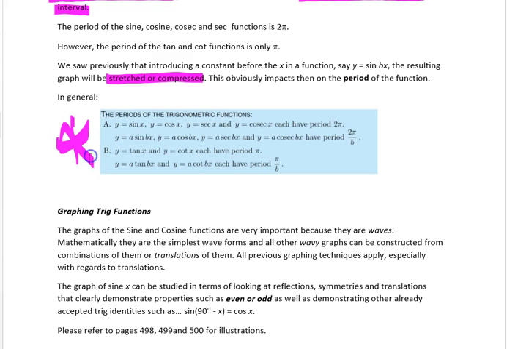Please take note, the periods, so sine, cos, sec and cosec have period 2 pi. These also have periods 2 pi on b. Introducing a b in here makes the period smaller.